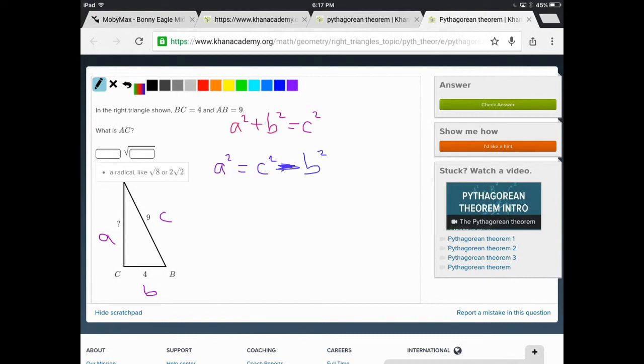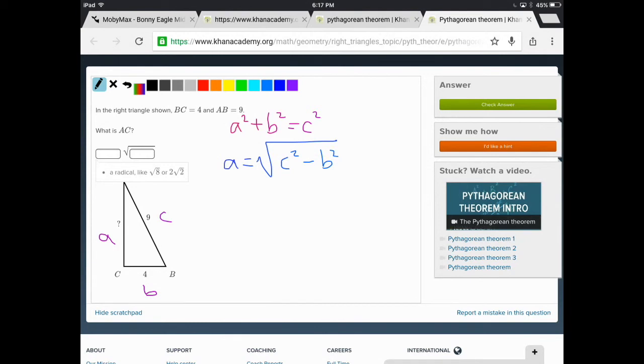And of course, we can cancel out this square by taking the square root over here. So let's tidy that up just a little bit. That's a is equal to the square root of c squared minus b squared.